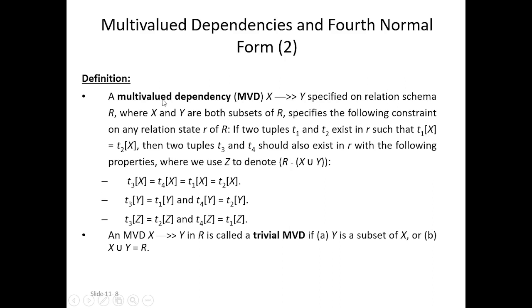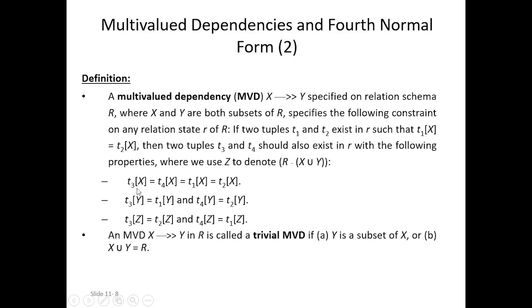A multi-value dependency, or MVD, X multi-determines Y, specified on relation schema R, where X and Y are both subsets of R, specifies the following constraint on any relation state r of R. If two tuples T1 and T2 exist in r such that T1 of X equals T2 of X, two tuples with the same values for X, then two more tuples, T3 and T4, should also exist in r with the following properties, where we use Z to denote R minus X union Y.